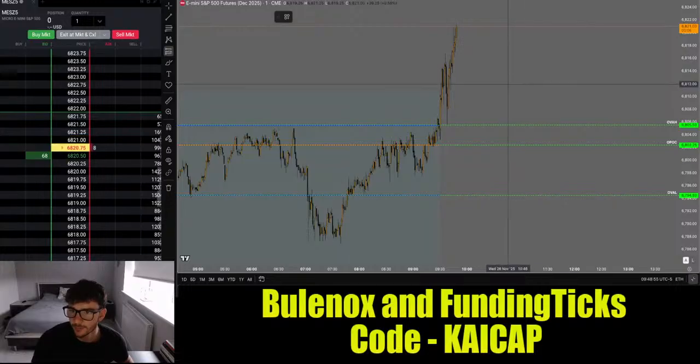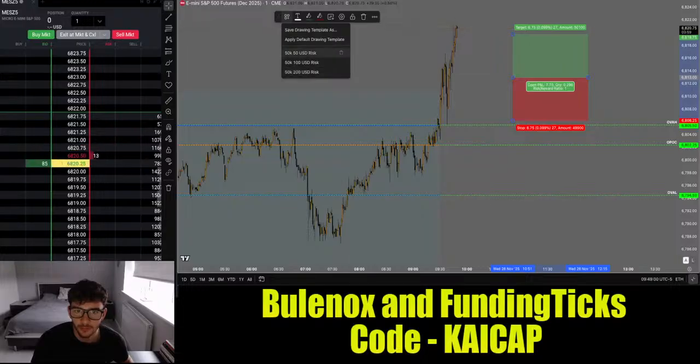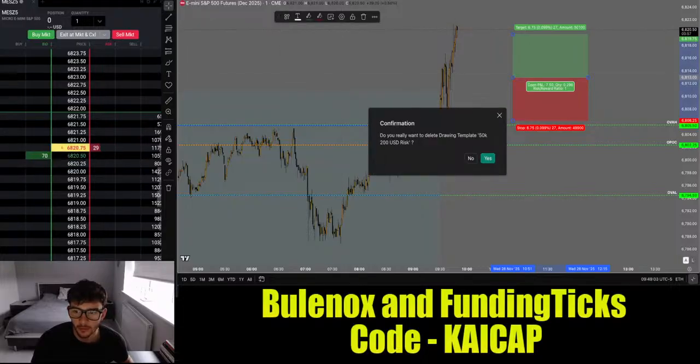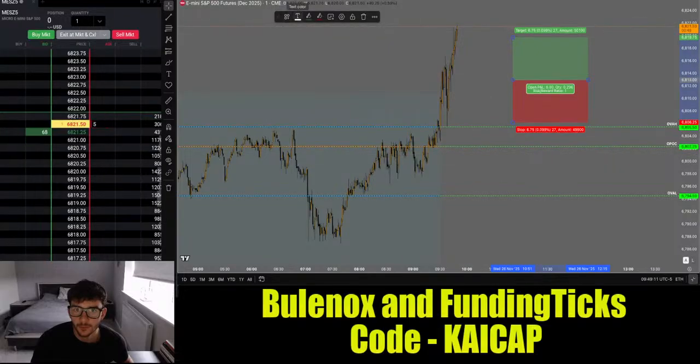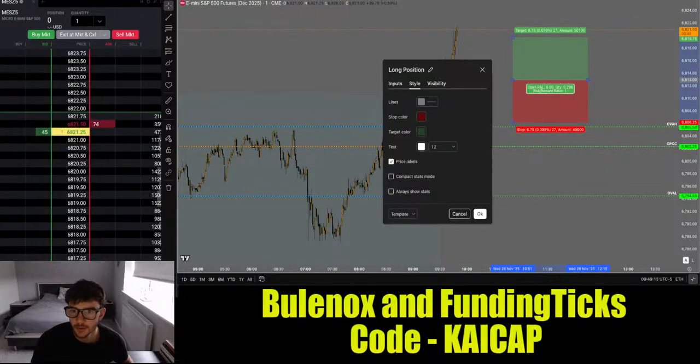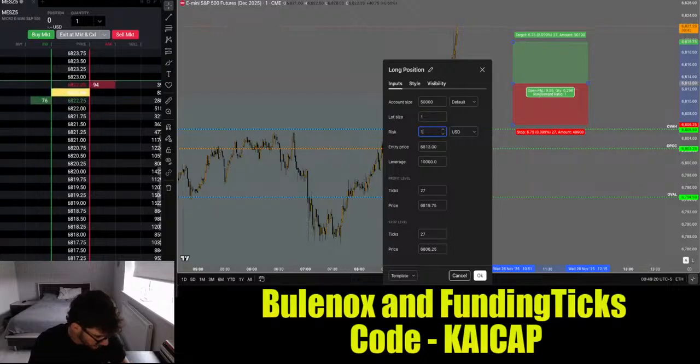I need to just mess with my templates real quick. I want to get rid of that one. You know what? I'm just going to completely redo them because I don't even like the names of them. So, settings, inputs. This is how you set this up, by the way. Pretty useful. Let's make this 150.